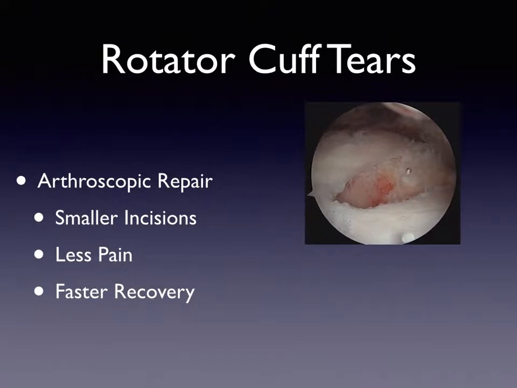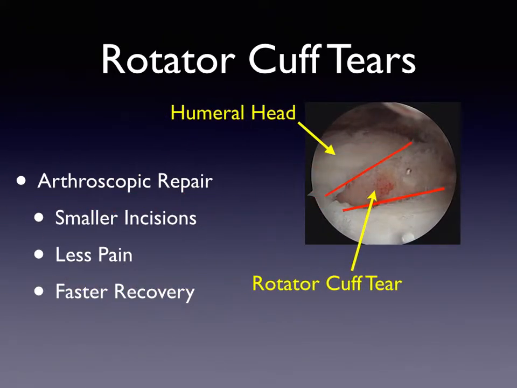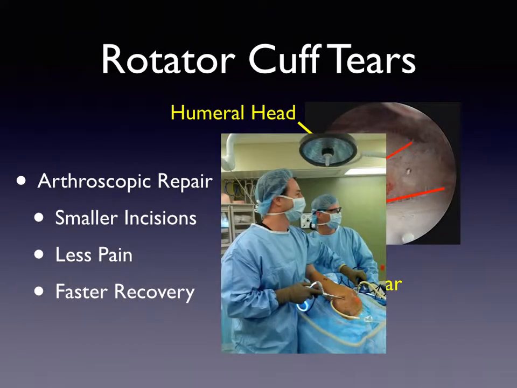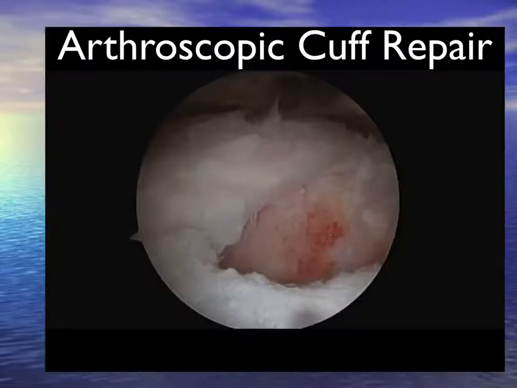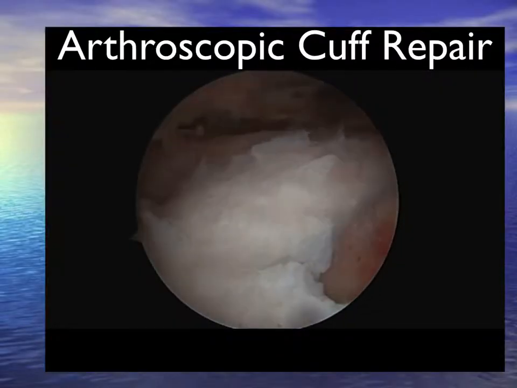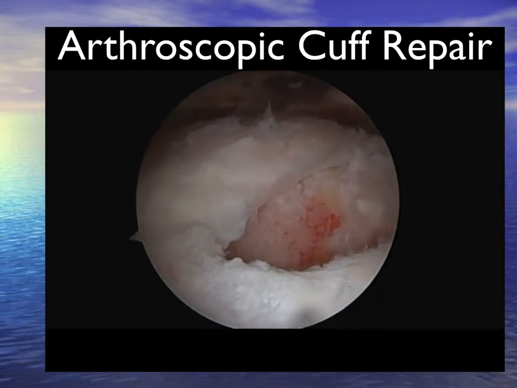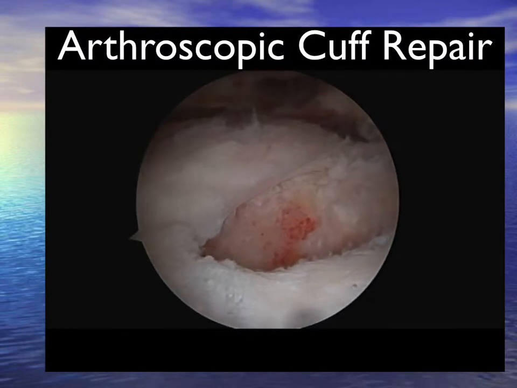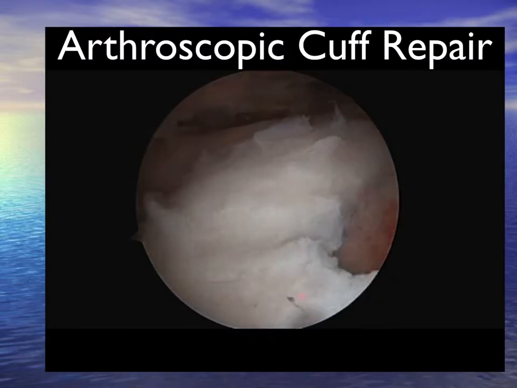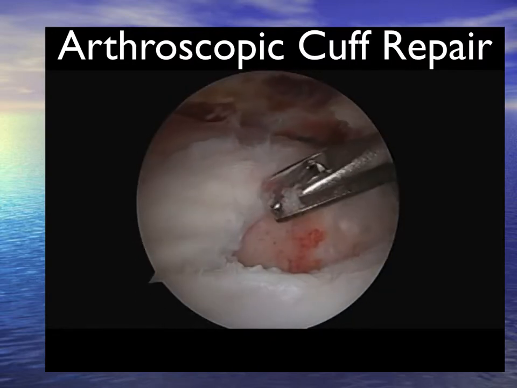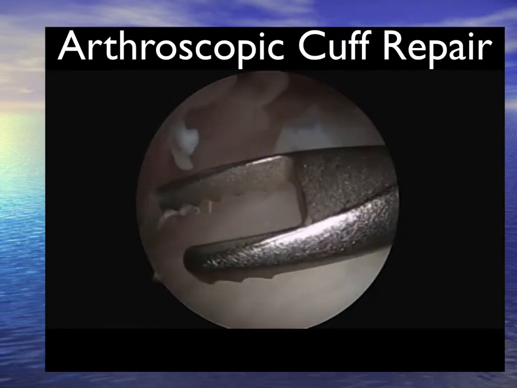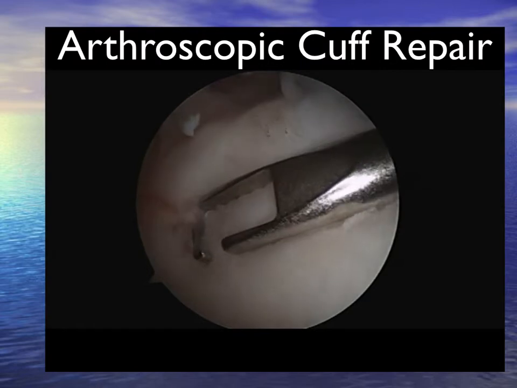So this is an illustration here, and looking at a rotator cuff tear, we see the arrows pointing to the humeral head, the cuff tear outlined by the red, and this is us in the operating room actually performing an arthroscopic repair. Well, when we look at this video here, we can actually see the cuff tear, and we have an arthroscopic device that's going to be introduced into the field, and this specific arthroscopic device is actually used in order to pass suture through the rotator cuff.